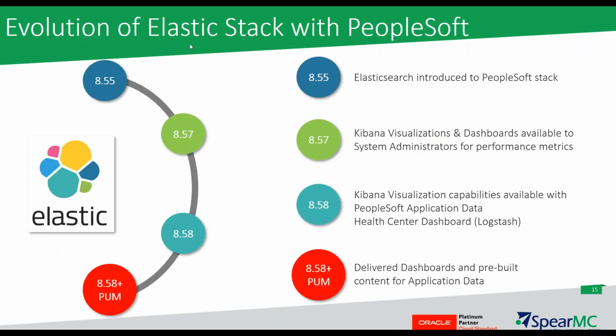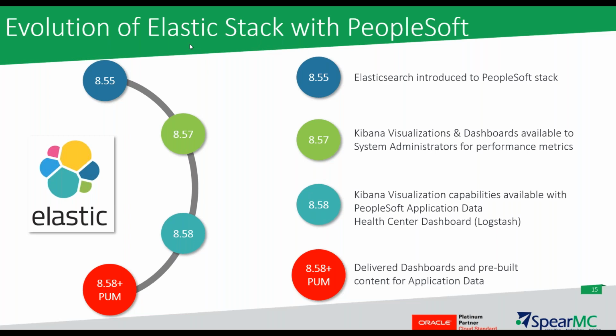So the evolution of the Elastic Stack with PeopleSoft. Beginning with 8.5.5, Elasticsearch was introduced into the PeopleSoft stack for searching. In 8.5.7, PeopleSoft delivered Kibana Visualizations that allowed system administrators to get performance metrics on their data. In 8.5.8, Kibana Visualizations were enhanced further by allowing PeopleSoft data to be included, not just this health center system administrator information.